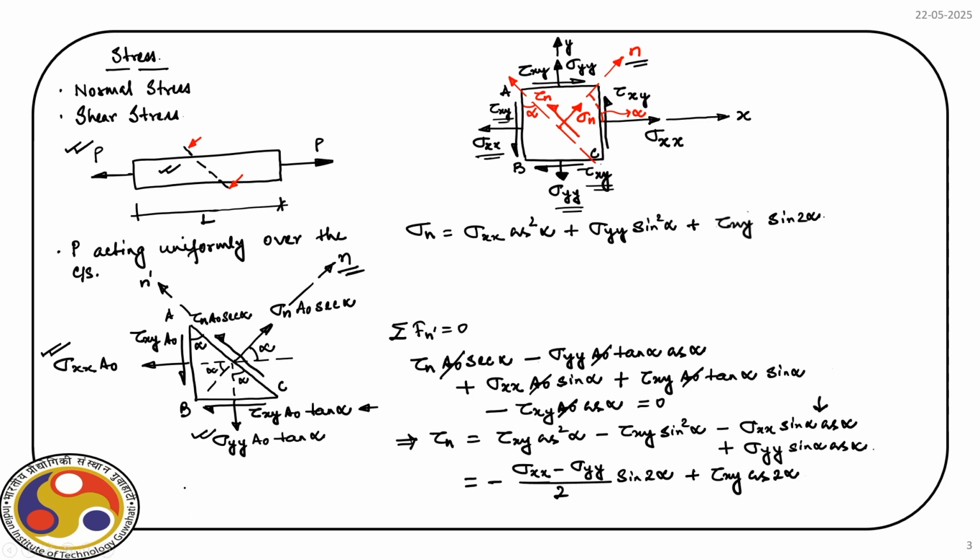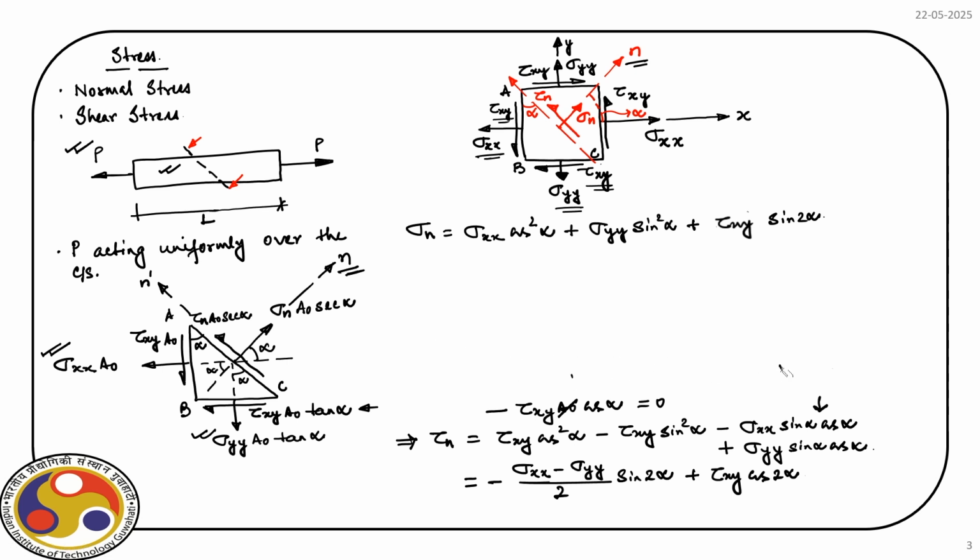So, we have the expression for tau n also. So, the expression for tau n is equal to minus sigma xx minus sigma yy by 2 sin 2 alpha plus tau xy cos 2 alpha.